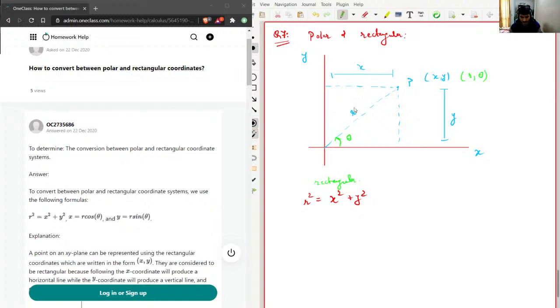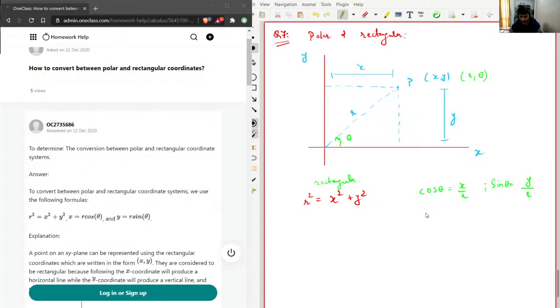Now if this is r, this is theta, then I can write cosine theta will be, this is base and perpendicular, so base is x and hypotenuse is r, and I can write sine theta as perpendicular opposite, so this will be y over r.